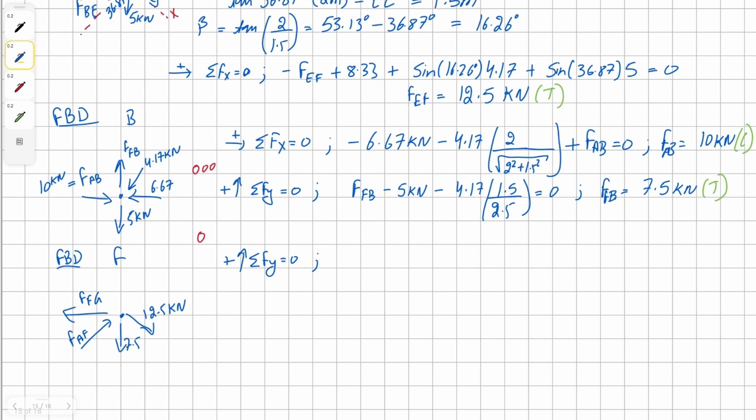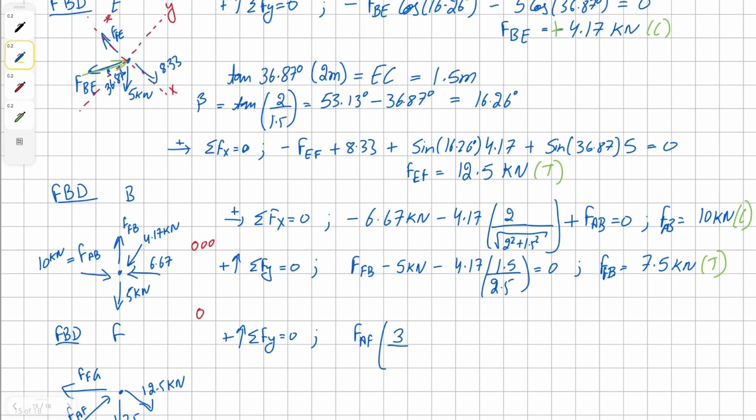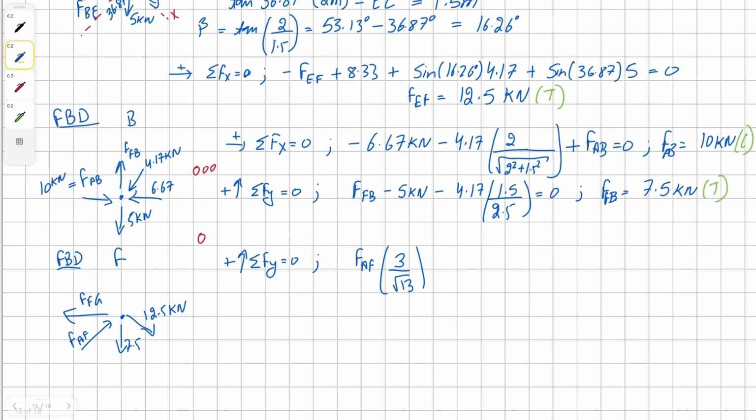We can sum the force in y direction in order to find the force for member EF, which is simply going to be positive force EF, and the vertical component, in order to find its vertical component, is simply going to be 3 over root 13, then negative external, or sorry, the force of the member FB, 7.5, and take away horizontal component of member EF, all equals to 0.